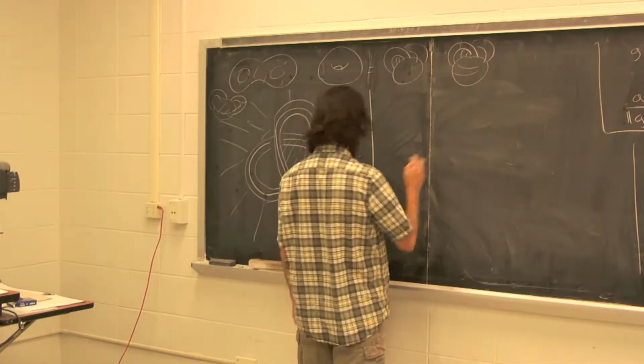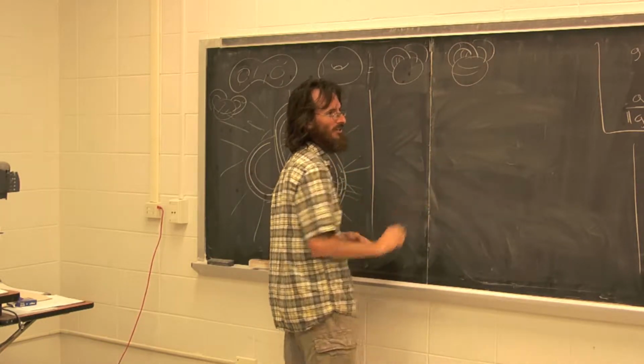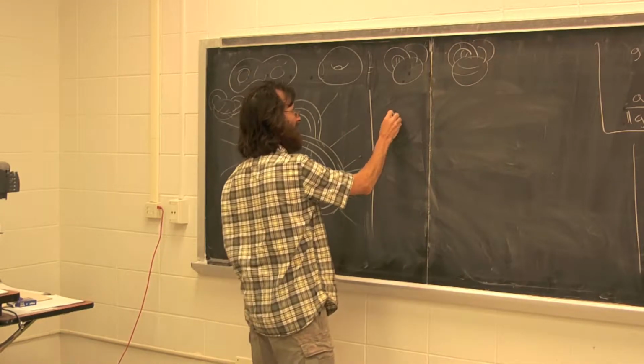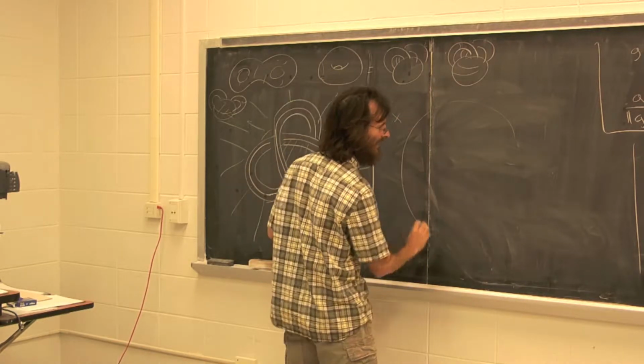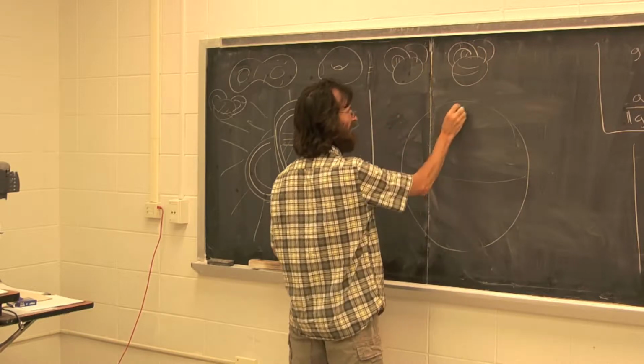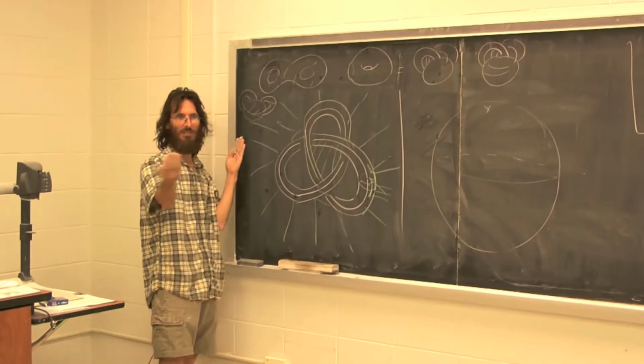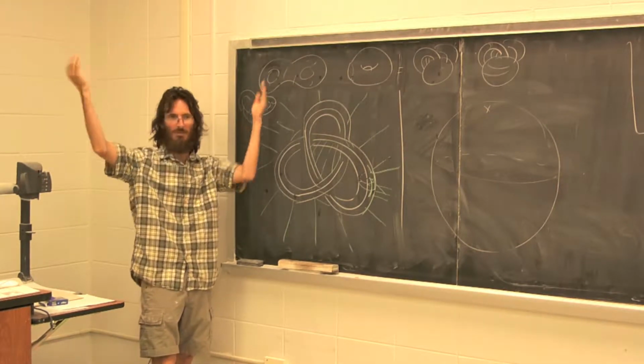So let me draw a picture of that. Actually, I'm going to try to draw directly a picture of X. X is going to be inside the ball, because when I thicken up the green surface outside, including infinity, it thickens up to be a ball.